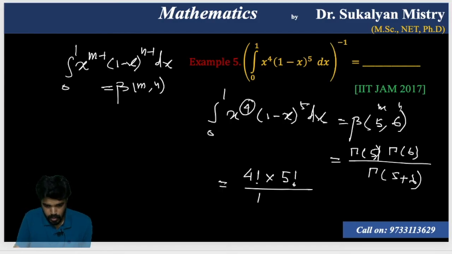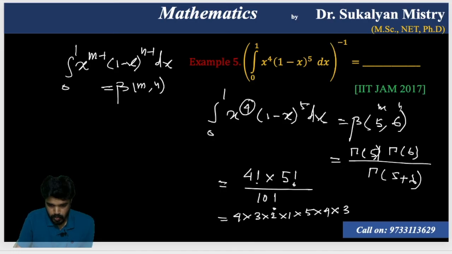So now we have to calculate this. Factorial 4 means 4 into 3 into 2 into 1, and factorial 5 will be 5 into 4 into 3 into 2 into 1, divided by factorial 10.